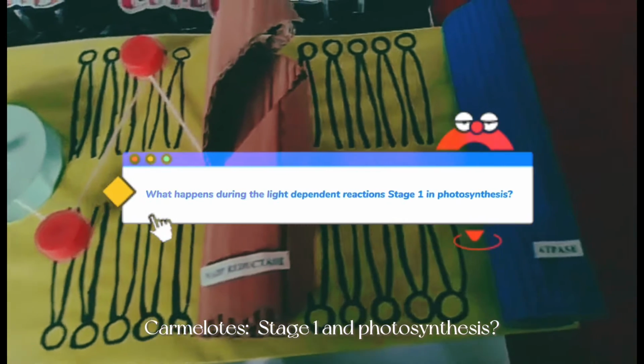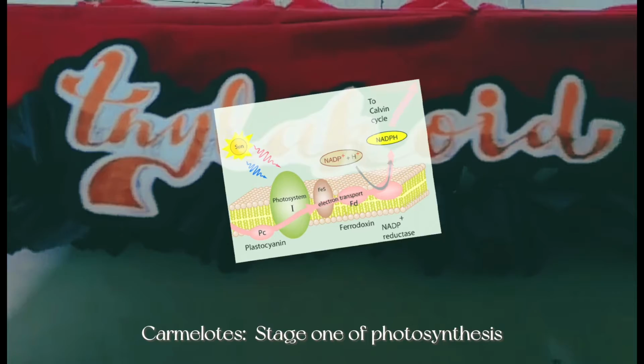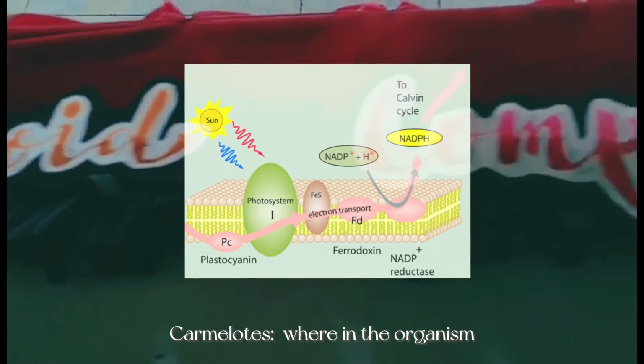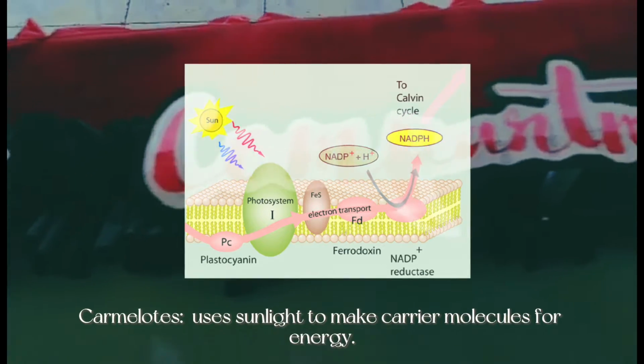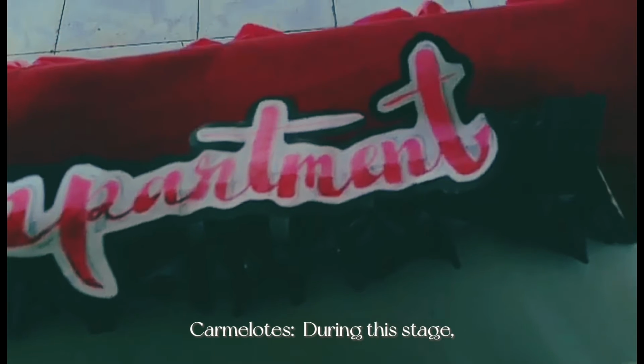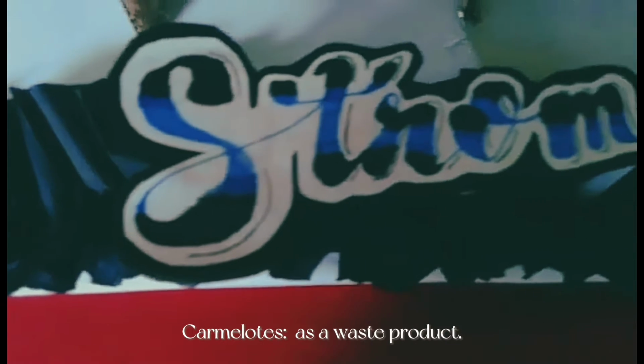Stage 1 of photosynthesis is the light-dependent reaction, wherein the organism uses sunlight to make carrier molecules for energy. During this stage, water molecules break apart, releasing oxygen as a waste product.